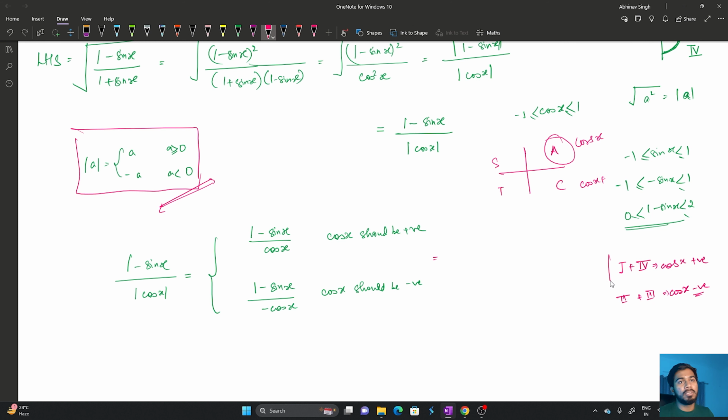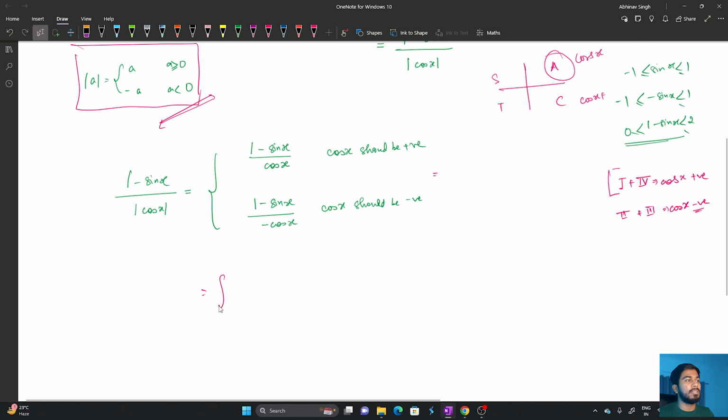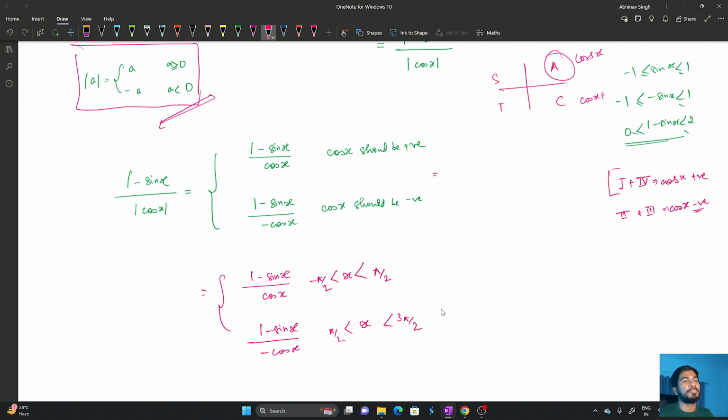Using this analysis, I can write this whole equation is equal to (1 minus sin x) upon cos x if x lies between first and fourth quadrant, which is pi by 2 to minus pi by 2, and the other part (1 minus sin x) upon minus cos x when x lies between second and third quadrant, which is second quadrant starts from pi by 2 and third quadrant ends at 3 pi by 2.